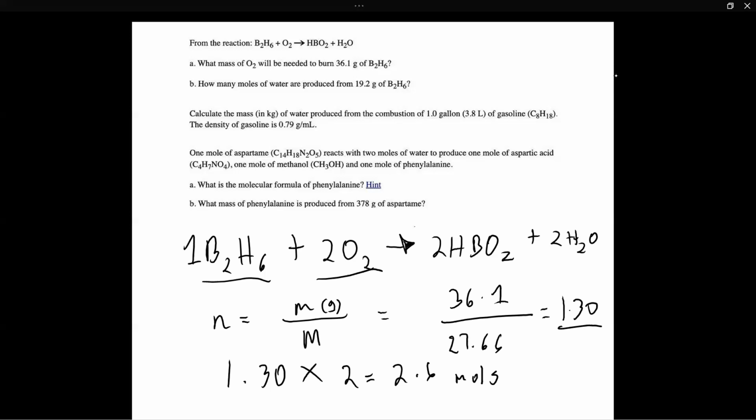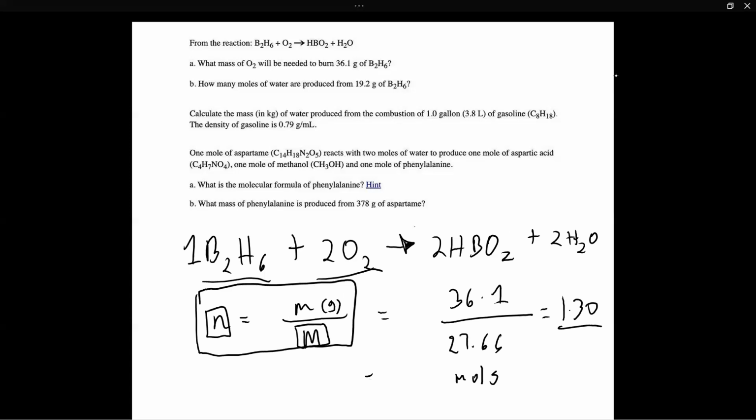But in the question, they've asked us the mass of oxygen required. And now that you know this equation over here, it will be very easy to find out the mass, because you know what the moles is and you know what the molar mass of O2 is. So you just need to rearrange this equation in order to find out what the mass is. So I'm just going to do that right here. I'm going to erase this. So 2.6 is equal to the mass over 32, because the relative atomic mass of oxygen is 16, so O2 would be 32.